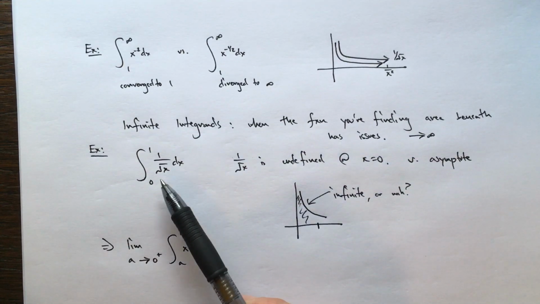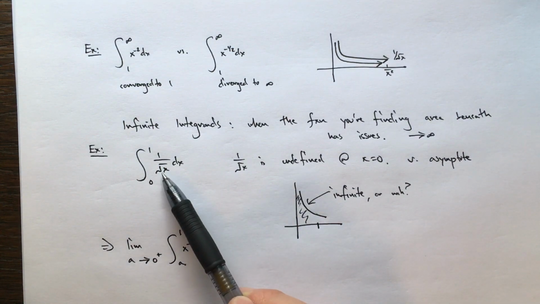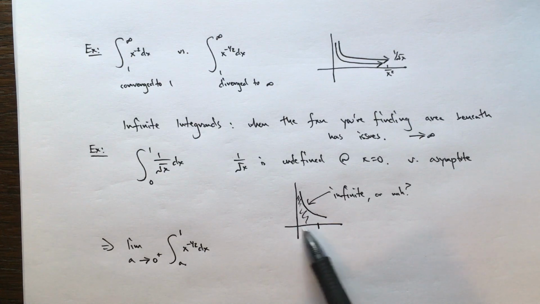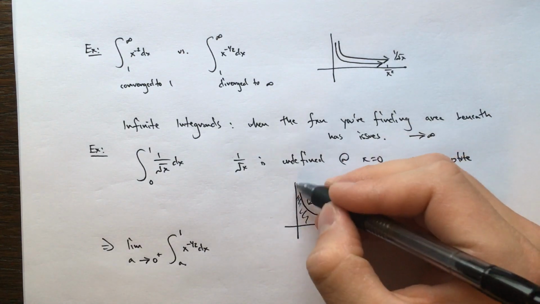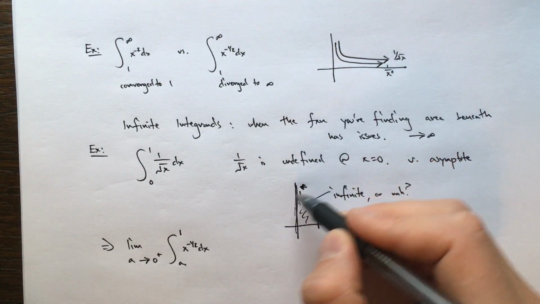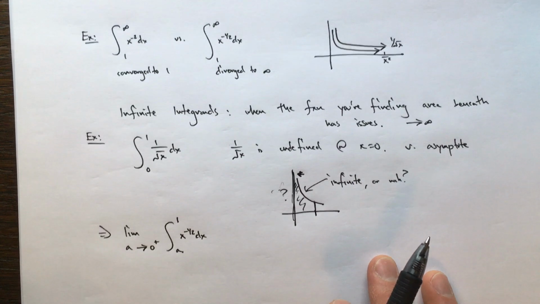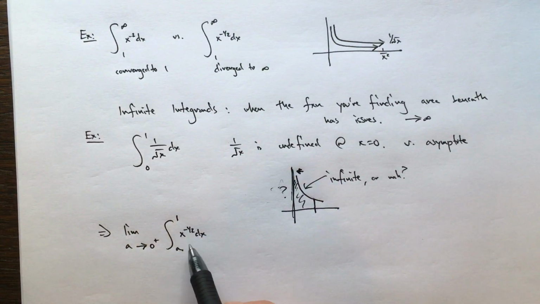I know that I'm approaching from the right because I can't plug in negative numbers here. And also, this is my region right here from 0 to 1. So I need to be approaching from the right. If I were approaching from the left, I'd be over here, and I don't want to be over in that second quadrant.